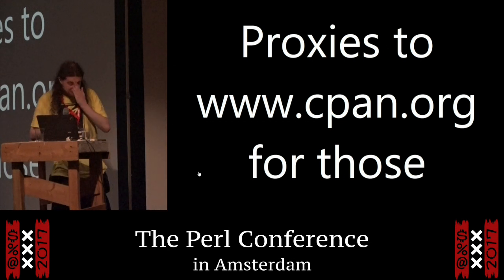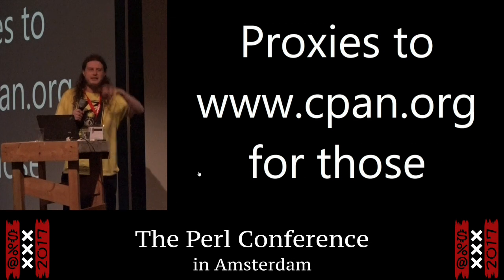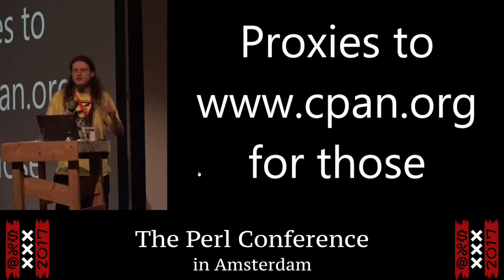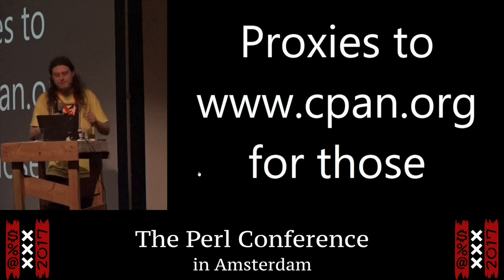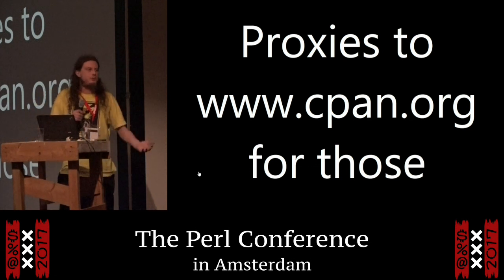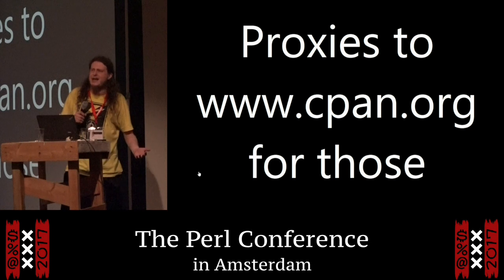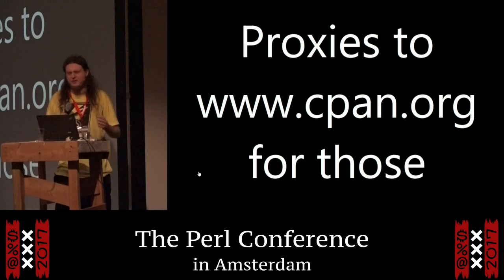It's basically a tiny single file Mojo app, to the point where script/opan and lib/app/opan.pm are actually the same file. I just clone it at make disk time. And it proxies through to www.cpan.org, because that's GeoDNS, which is basically always fine.